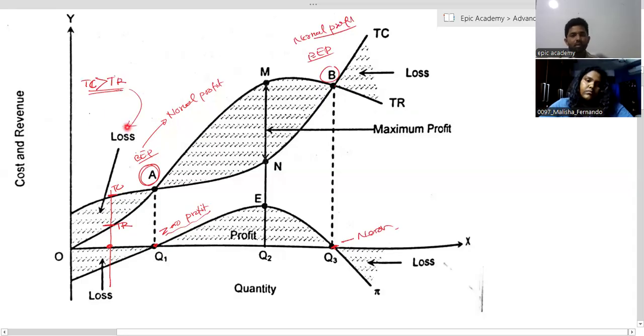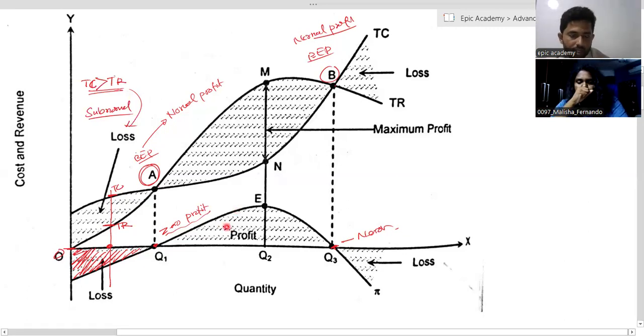Loss means subnormal profit. That is why this is the 0 point and this is the area which represents the losses or subnormal profit of the organization. The profit curve is behind the 0 point. Behind the 0 point always represents the negative values.